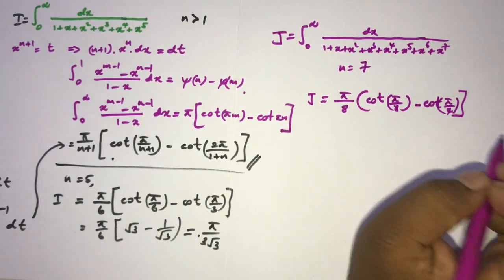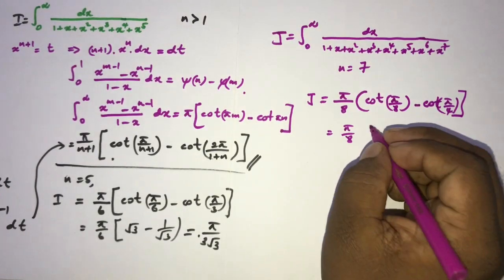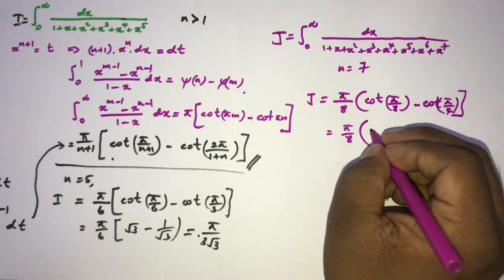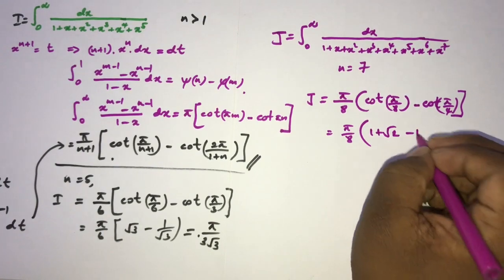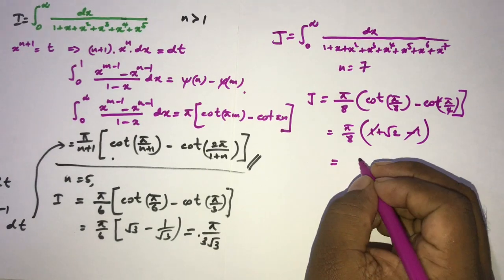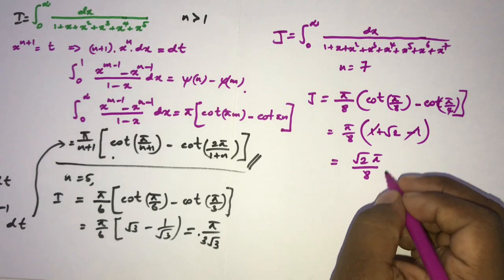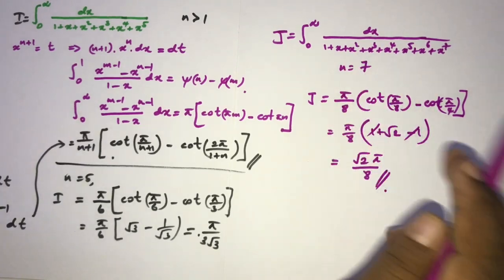The cotangent of pi over 8 is 1 plus the square root of 2, and the cotangent of pi over 4 is 1, so the 1 cancels, and we have the square root of 2 times pi over 8. This is the answer for this integral.